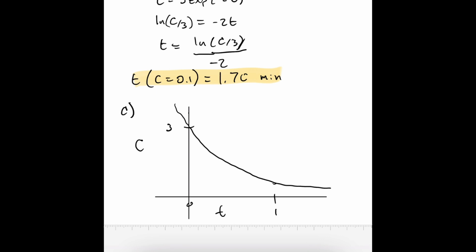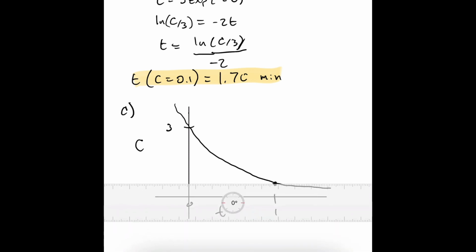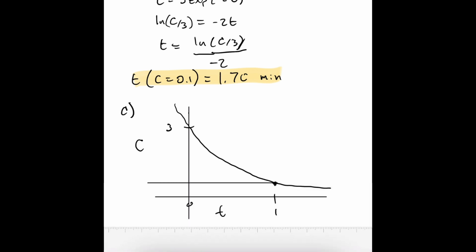And right at where t equals 1, we have that the concentration is 0.46. And then we also had that right at when t equals 0, the concentration is 3.